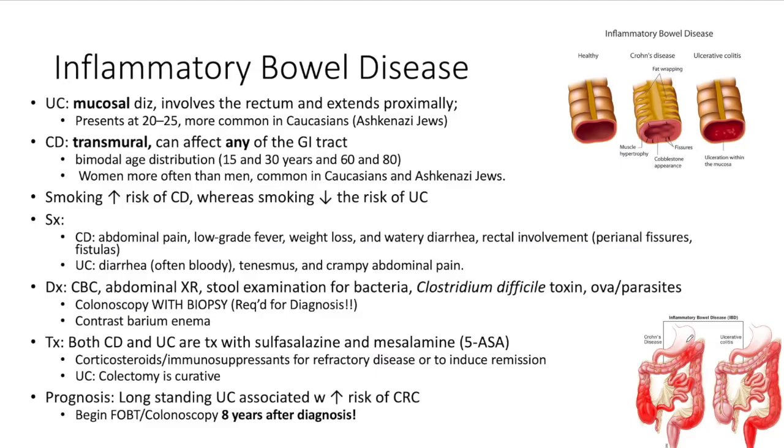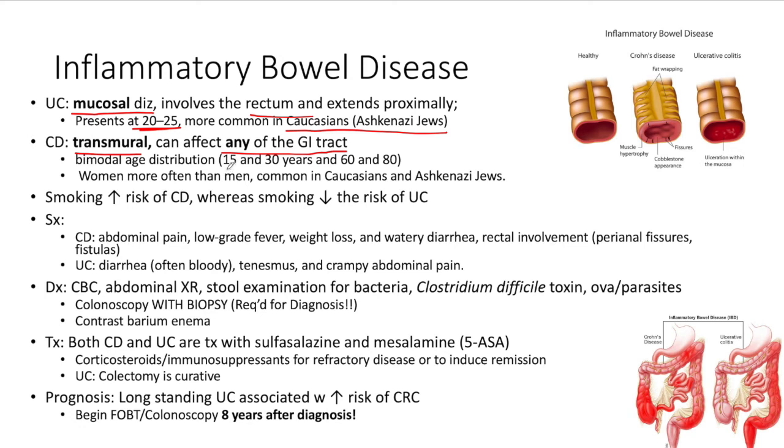Okay, great, excellent. So inflammatory bowel disease, UC versus Crohn's, just our step 1 level review here. UC is really a mucosal disease starting at the rectum and going proximally. We're looking for younger patients, and it's common in Caucasians. Crohn's disease is going to be a transmural involvement of the wall. It can affect any part of the GI tract from the lips to the anus, essentially.